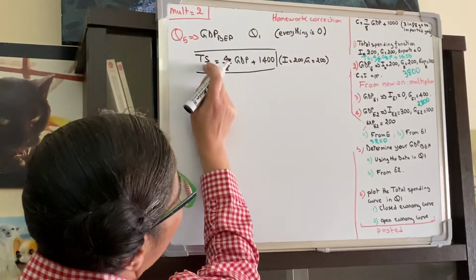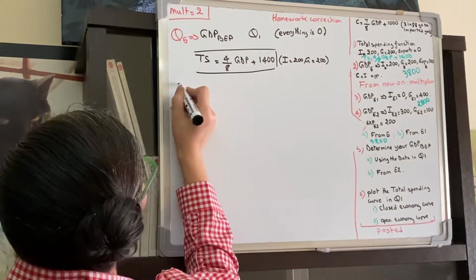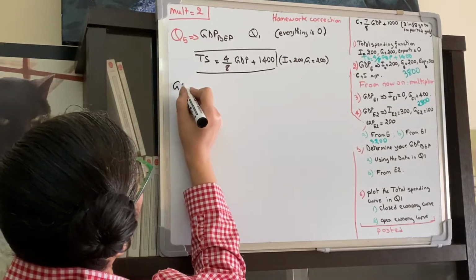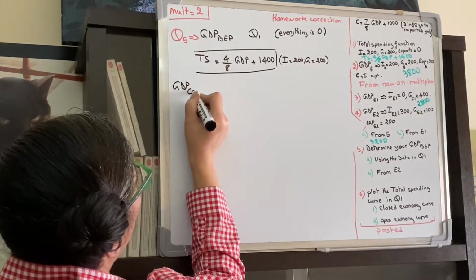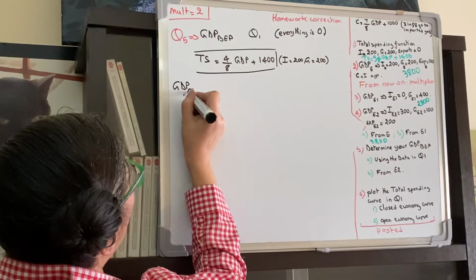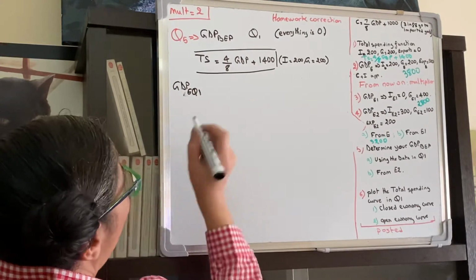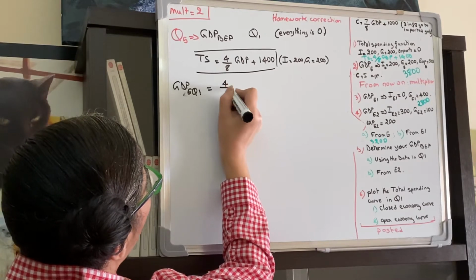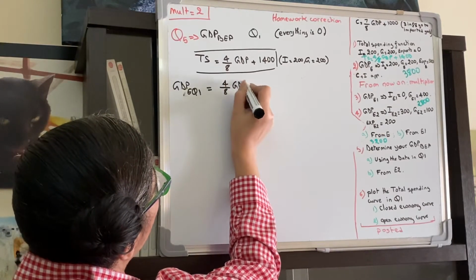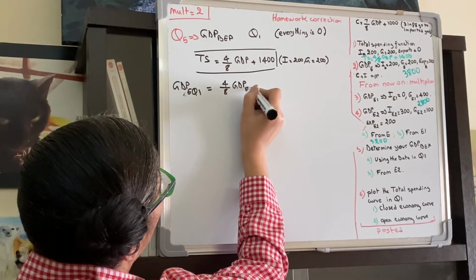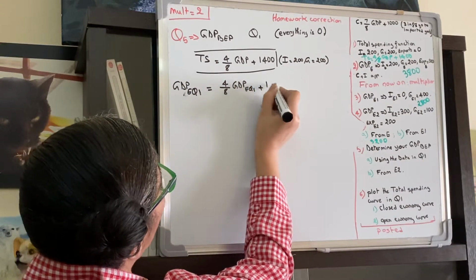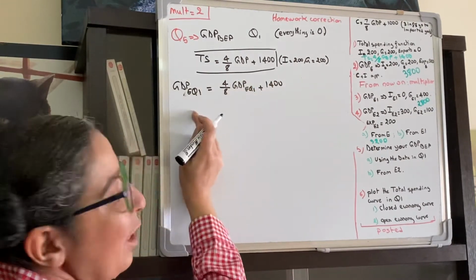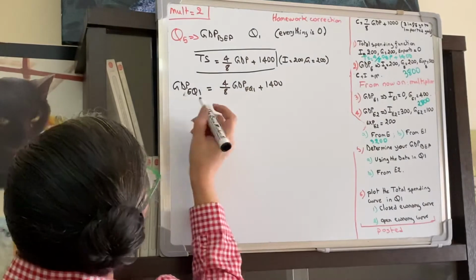So if I want it from question 1, I need to determine the equilibrium GDP of question 1 that I don't have, which is 4/8 GDP at equilibrium question 1 plus 1,400. So you have to calculate this one first.